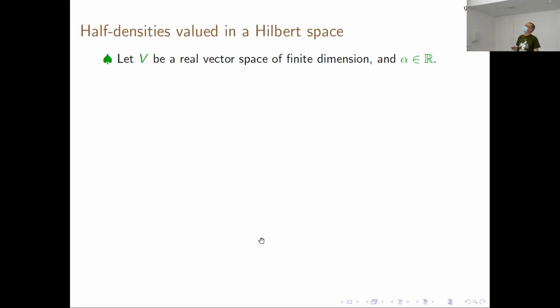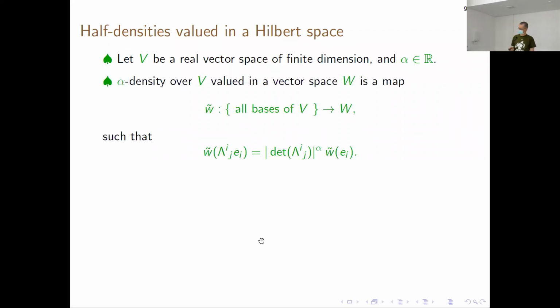Okay, so what are half-densities valued in a Hilbert space? Let me start with the basic definition. Suppose that V is a real vector space of finite dimension and alpha is a real number. What is an alpha density over V valued in a vector space W? I consider the set of all bases of V, and a map from this set which maps bases to elements of this vector space.